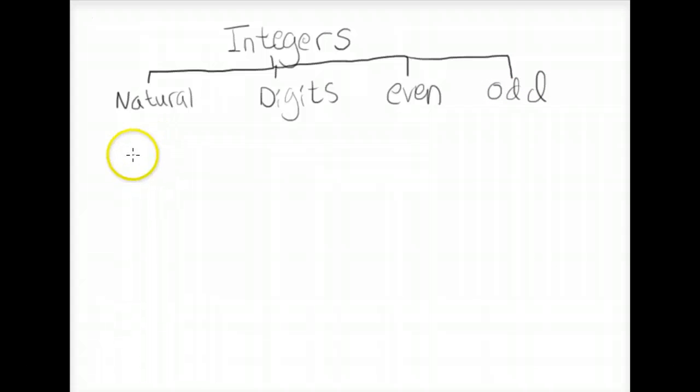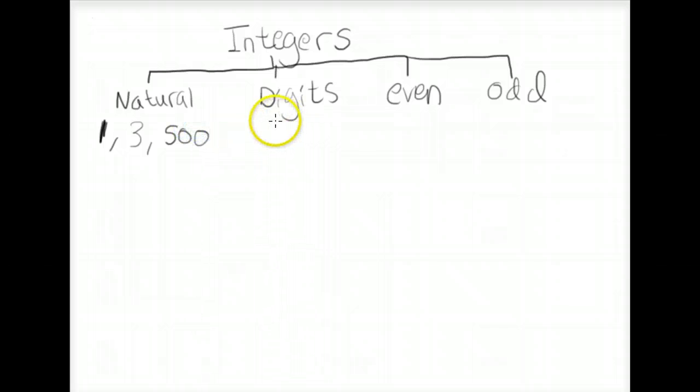Now the natural numbers, which are also called counting numbers, are the positive integers. They're called the counting numbers, obviously, because they were the first numbers invented, the ones that were used to count with. Those are any positive integer, so 1, 3, 500, and so on.